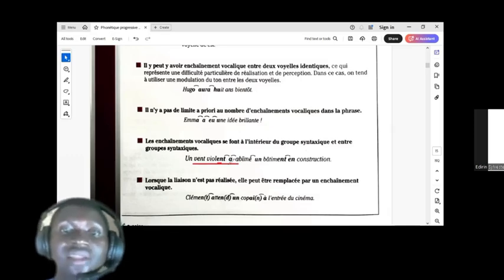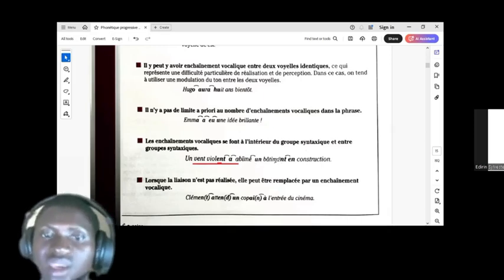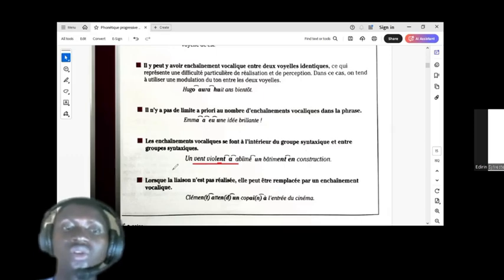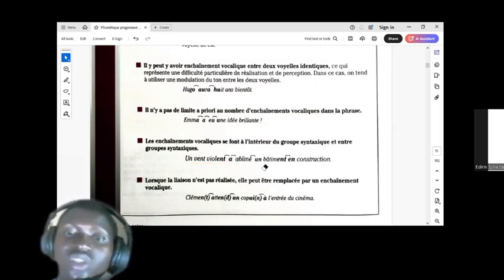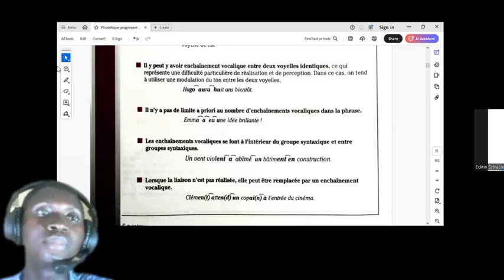This T is silent, there's no liaison, so you have the link on à. Un vent violent a abîmé un bâtiment en construction. So there is enchaînement vocalique in that particular scenario. When the liaison is not taking place, we have l'enchaînement vocalique come into play.